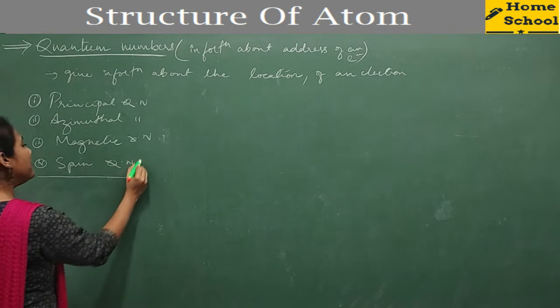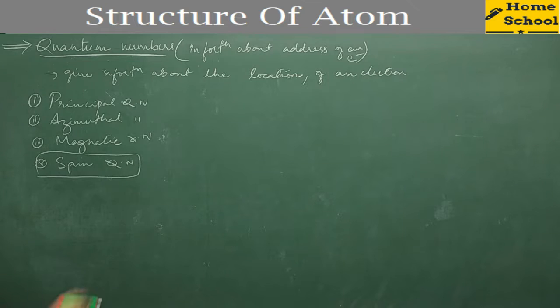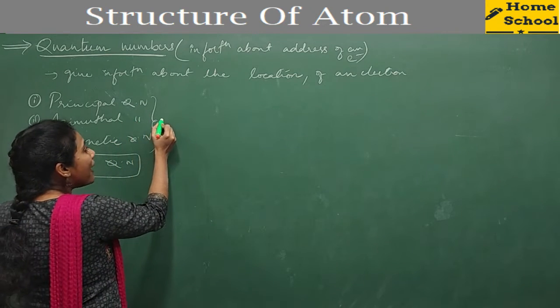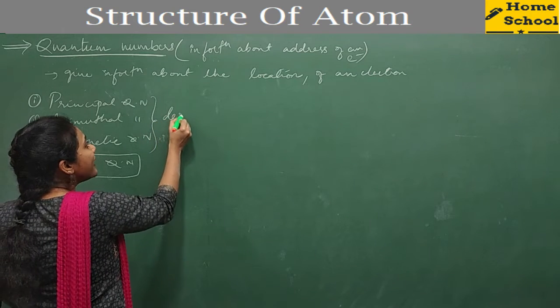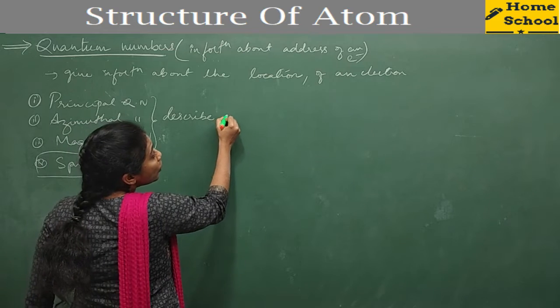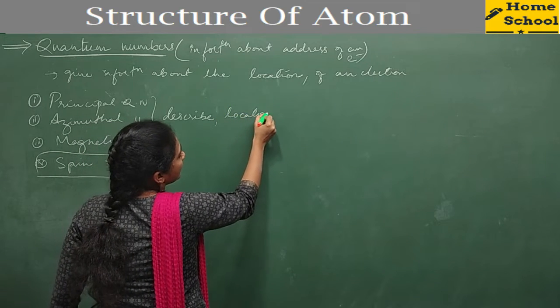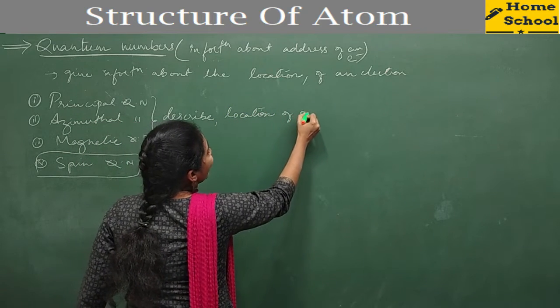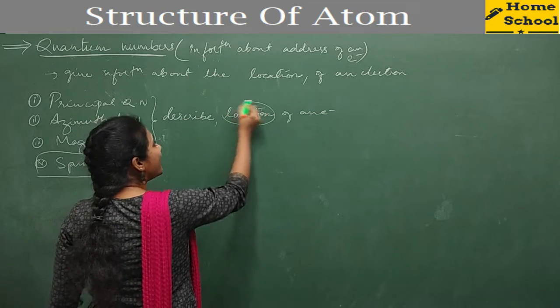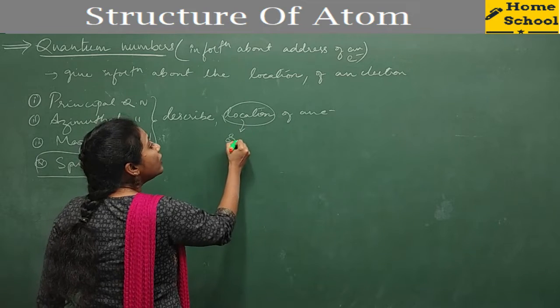The spin quantum number is something very different, but these are the three quantum numbers which help us describe the location of an electron. We all know electrons are located in so-called orbitals.